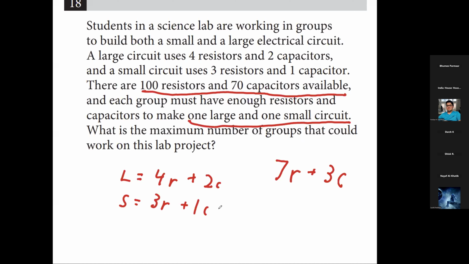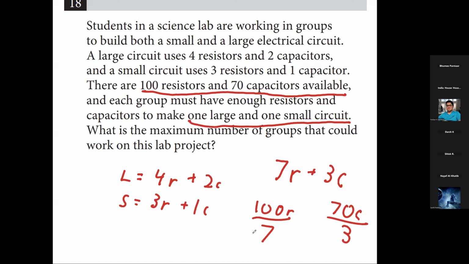And now we're told that there are 100 resistors and 70 capacitors available in total. So we just take 100 resistors and divide by 7, and then we also take the 70 capacitors and divide by 3. This will give us how many total groups can be made with the amount of resistors and capacitors available.